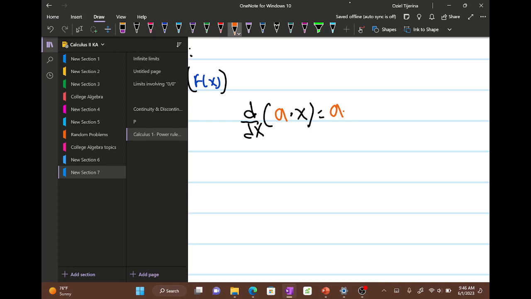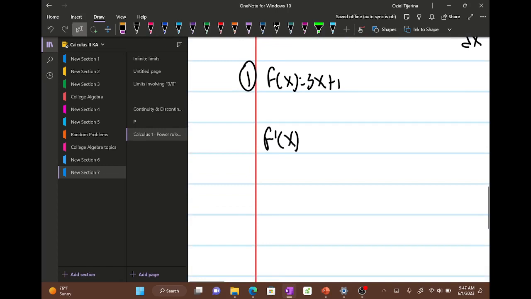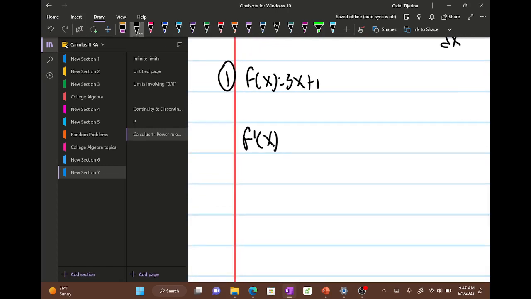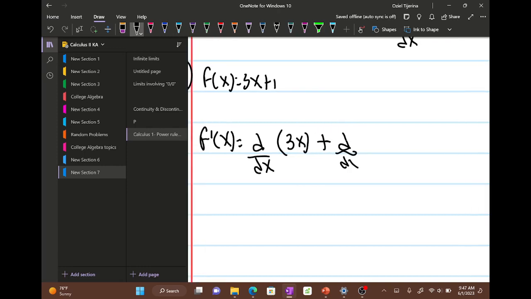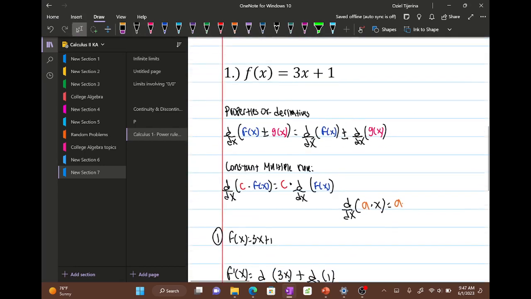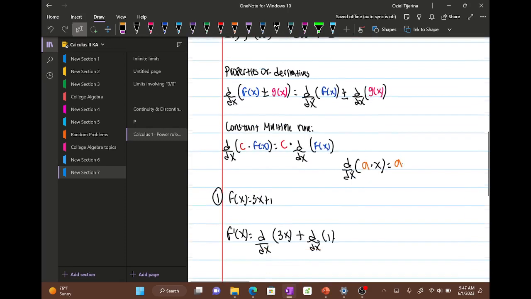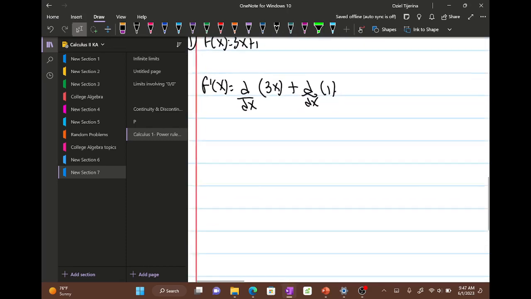So the derivative of 3x plus 1 is d dx of 3x plus d dx of 1. And like we said, the derivative of a constant is 0.